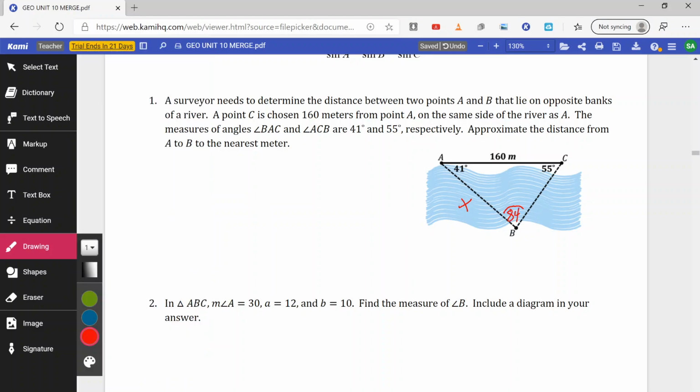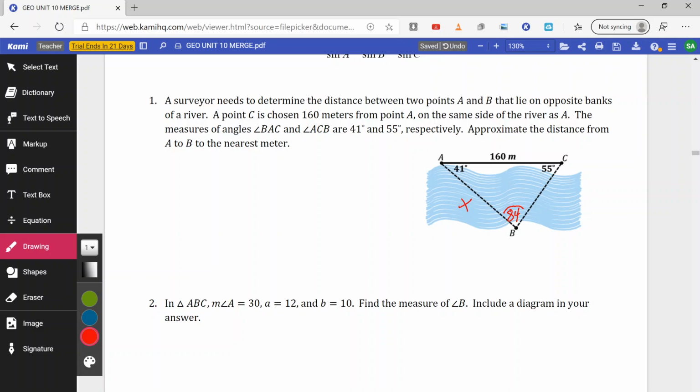So now I see I have an angle and its respective length across from it, so opposite. And here we have angle C and an unknown. So in this case, we can use the law of sine to figure out what our missing side is.